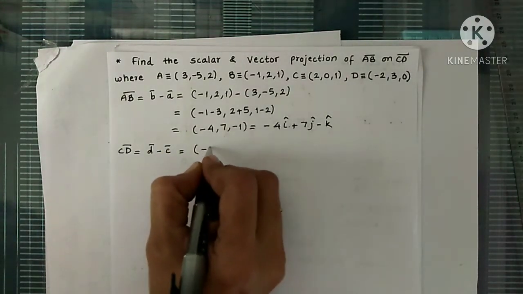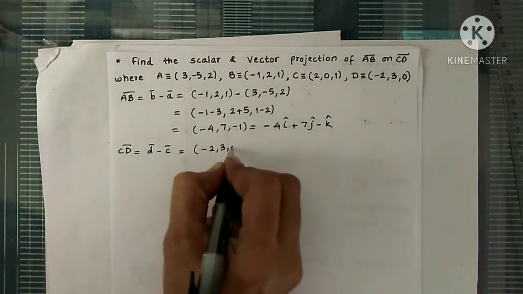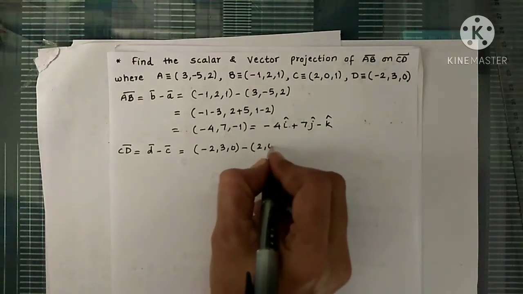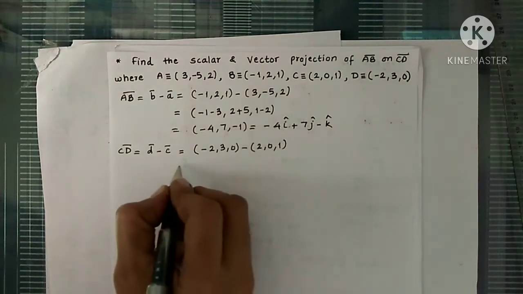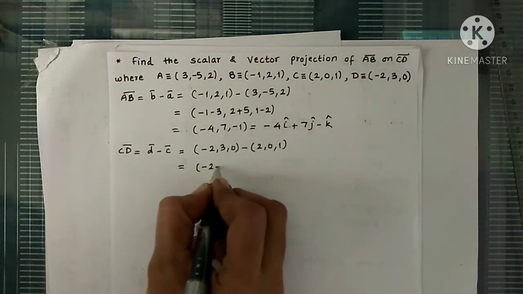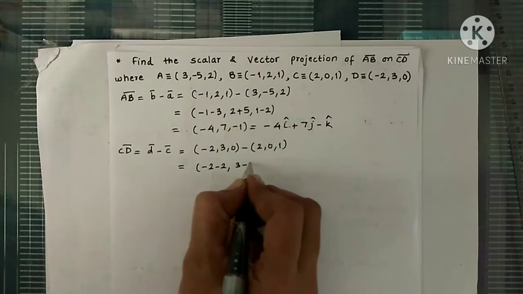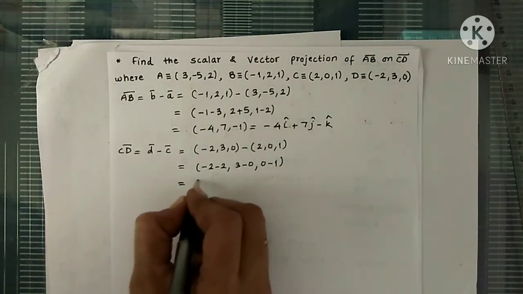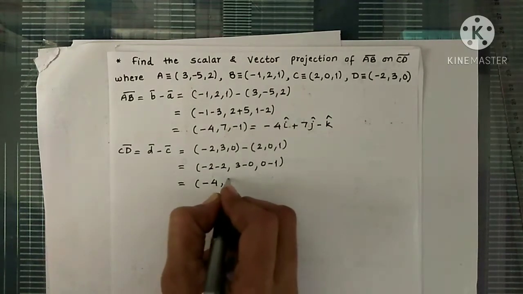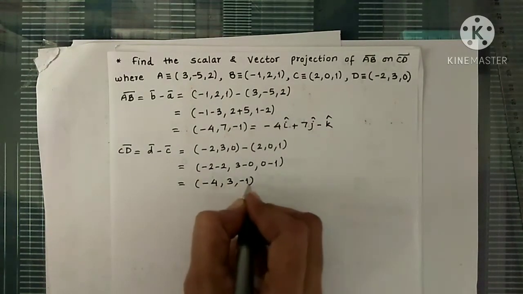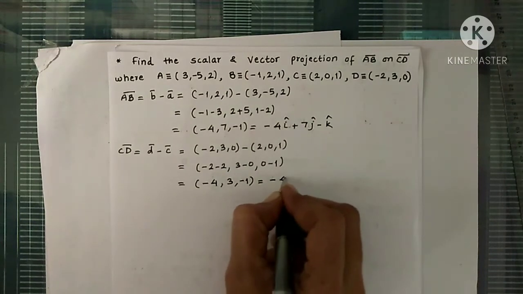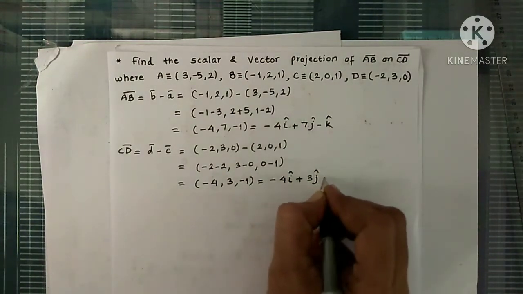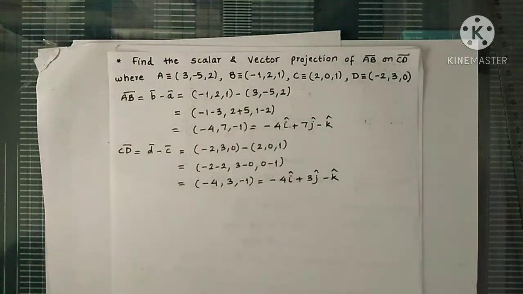D is minus 2, 3, 0 minus C, 2, 0, 1. So that is minus 2 minus 2, 3 minus 0, 0 minus 1. So it is minus 4, 3, minus 1. So minus 4 i cap plus 3 j cap minus k cap.